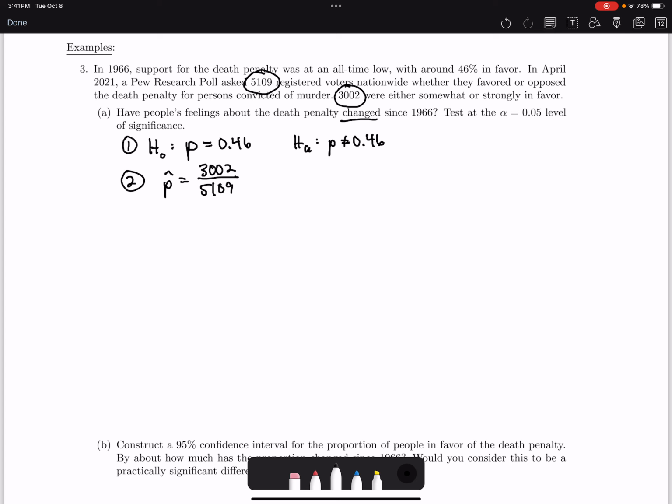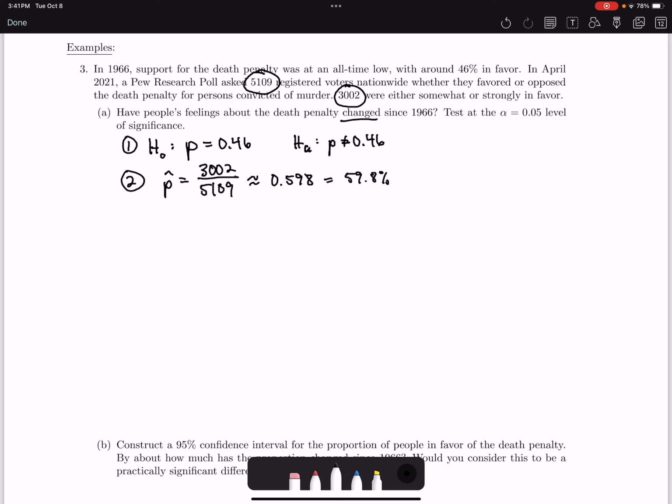So the sample proportion of people in favor of the death penalty would be 3,002 over 5,109. And you can punch that into your calculator, but it comes out to about 0.598 approximately. Or in other words, about 59.8%.